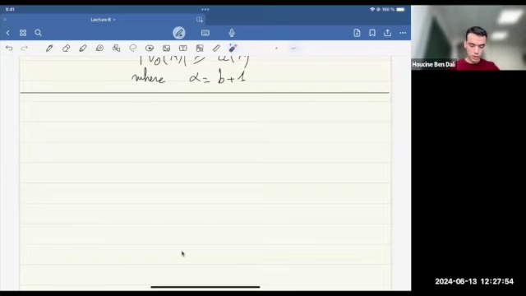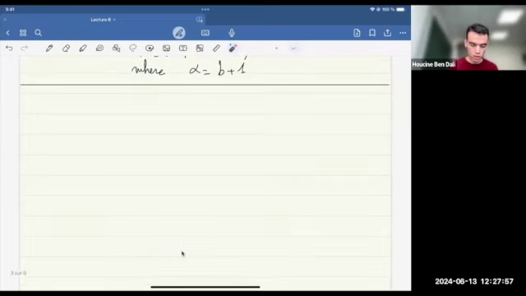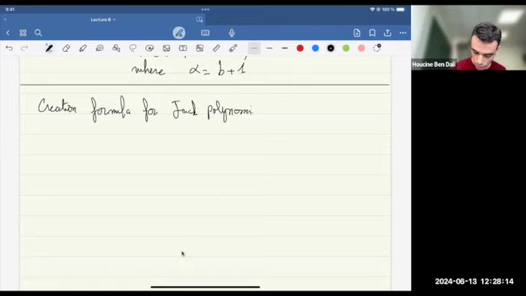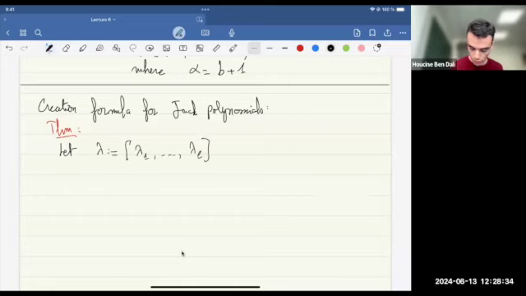So now in the second part, I will try to talk about another application of this combinatorial formula, which gives a creation formula for Jack polynomials. So let's assume that we have a partition lambda with length L, for example.